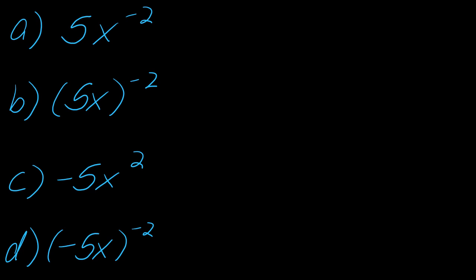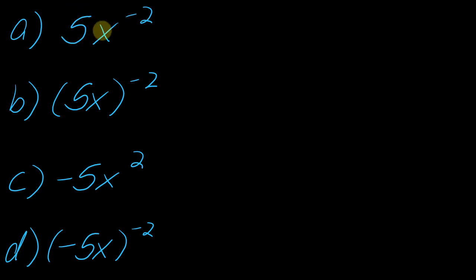Okay, so let's try this again, in slightly the same spirit. One of the biggest issues I see with negative exponents is actually with a problem like this. The thing that you want to recognize here is that this x is the only thing that's attached to the negative exponent, right?